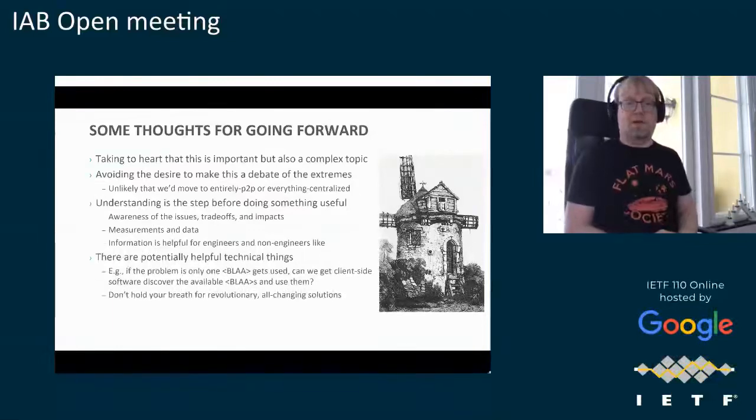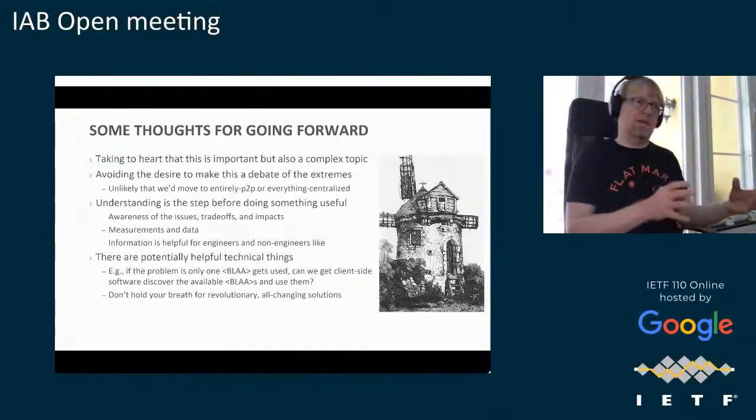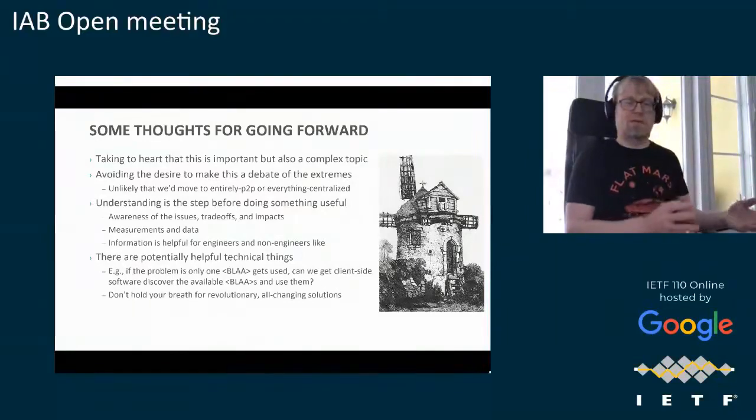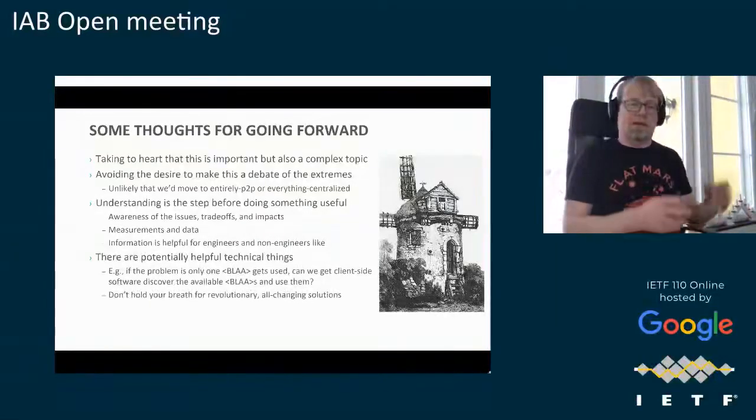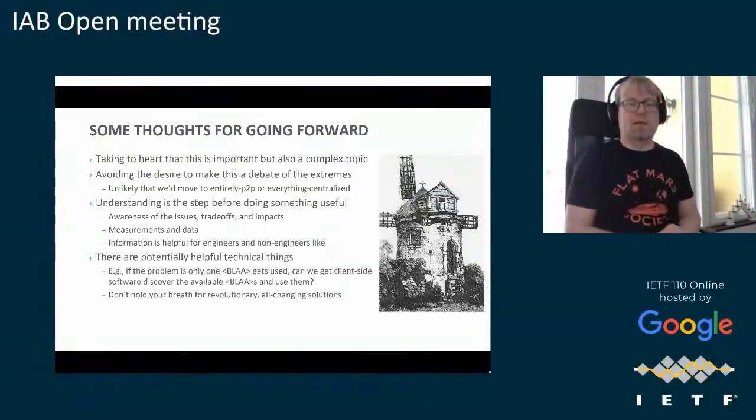One example is that if you're only using one instance of some technology, and that's too centralized or consolidated for people's taste, then having a way to discover other places that offer the same service can actually be useful. I think we've done this in the DNS space, or are doing it at least. So I think that's an example of a helpful technique.